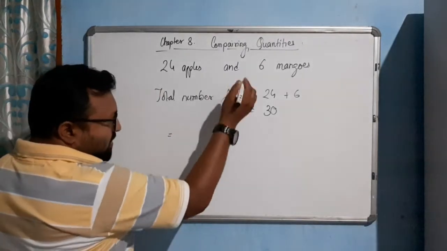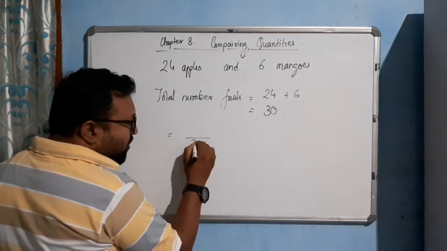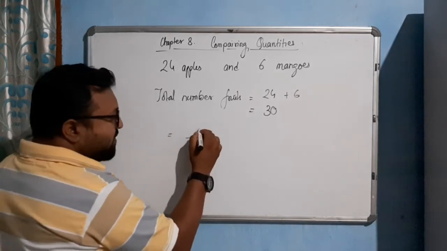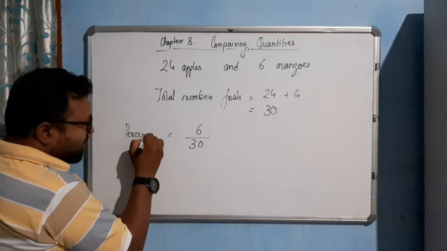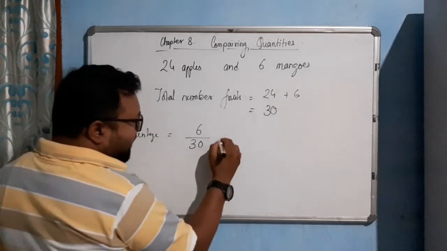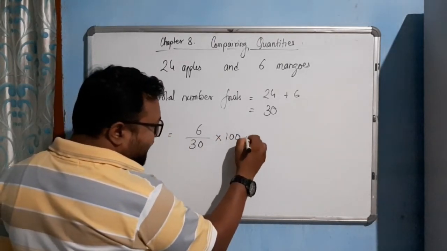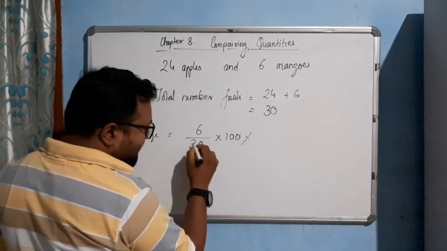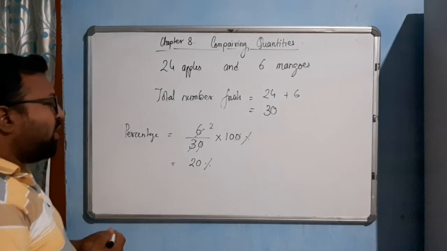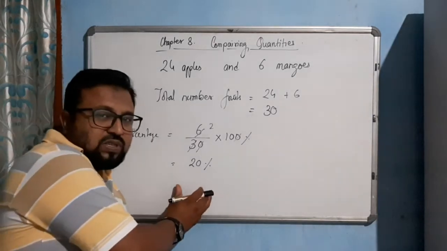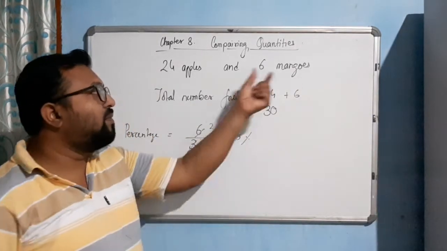Simply, percentage of mango means out of 30 fruits we have 6 mangoes. If somebody asks you percentage, what will we write? Into 100. Very simple. 0 0 cancel. This is 2, means 20%. 20% of fruits in that basket are mangoes.